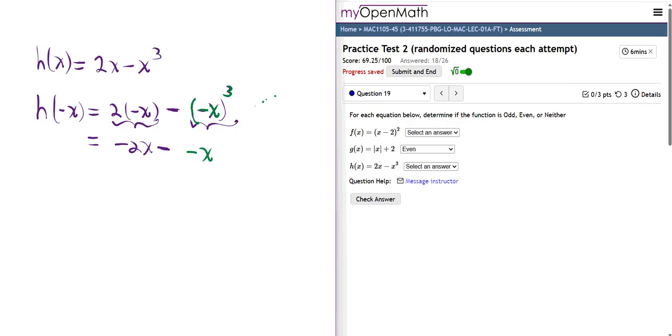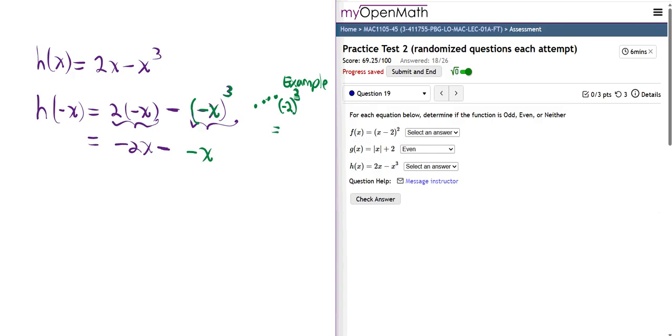Anytime I raise a negative to an odd power, the result is going to be negative. So an example to help us think through this could be -2 to the power of 3. What would happen with that?